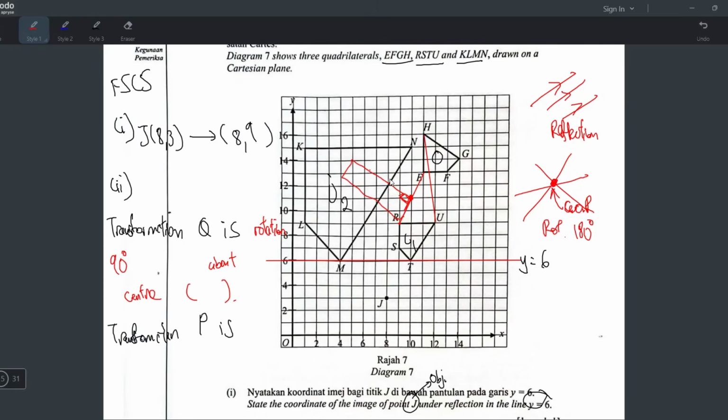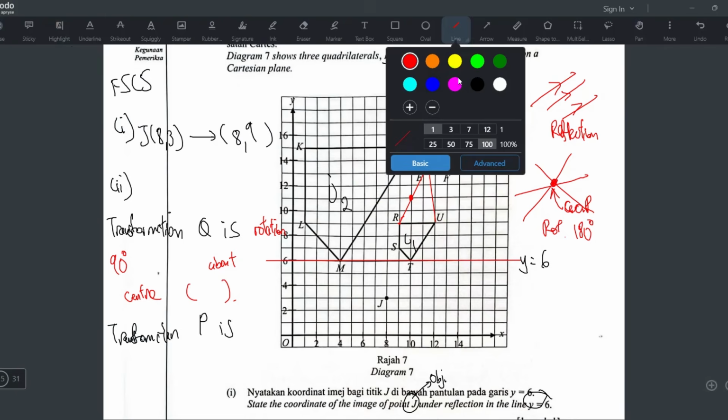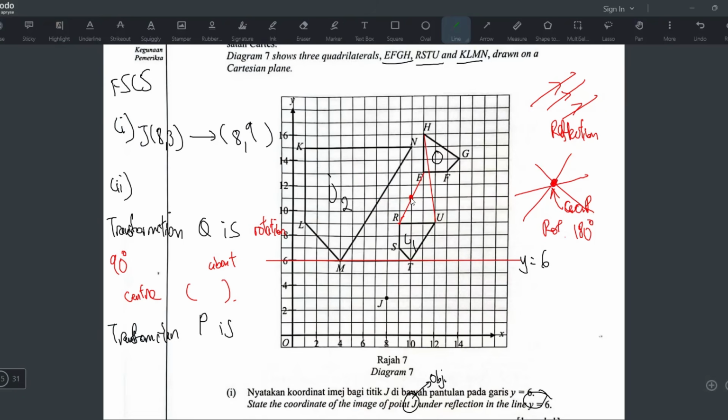Okay, now I will draw nicely, and I will purposely use a different color, maybe green. It will be like this, but to make sure it's exactly 90 degrees, you use a ruler to help you, and then you just join like that.